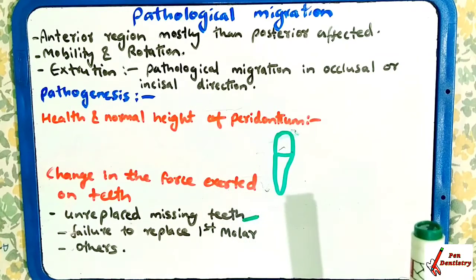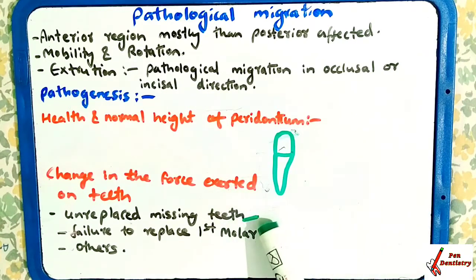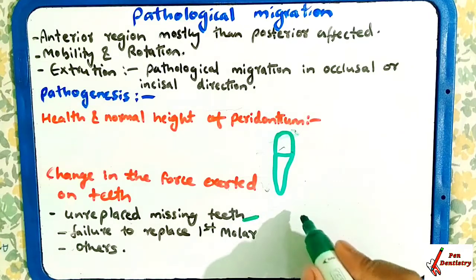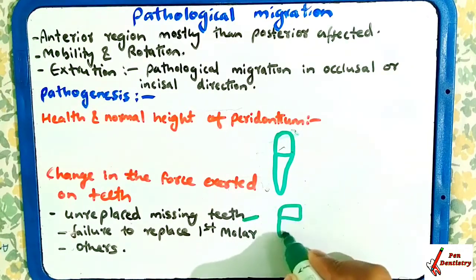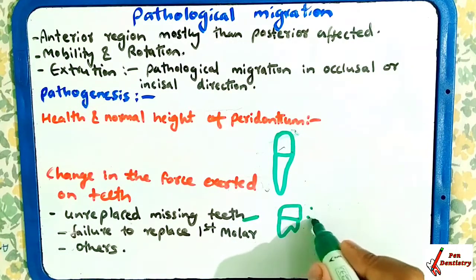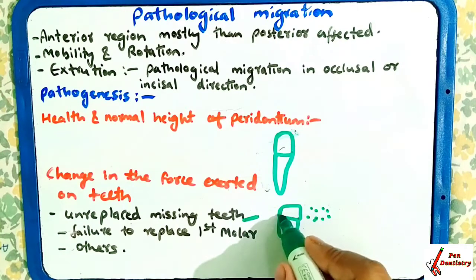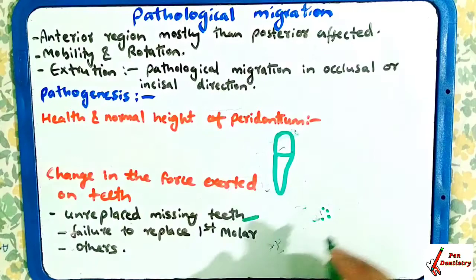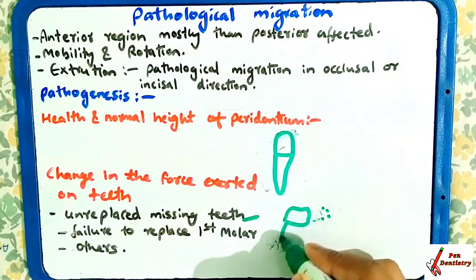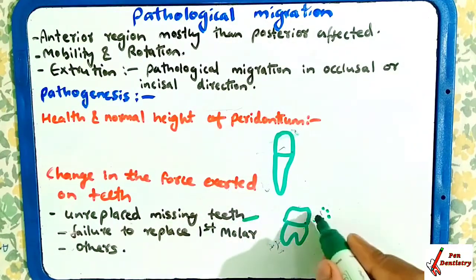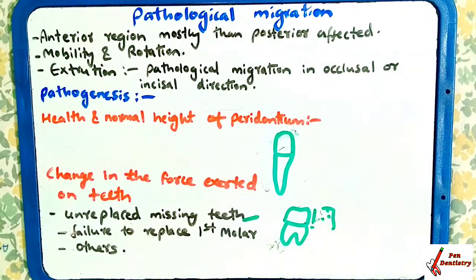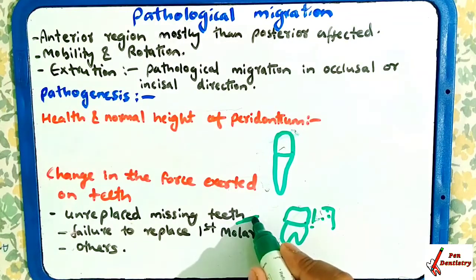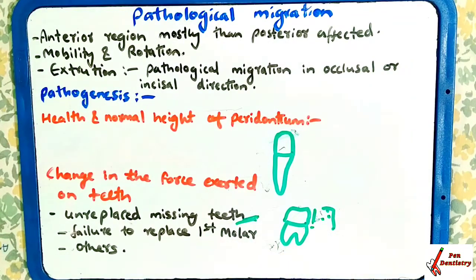Mainly it is due to the missing tooth. If there is a missing tooth here, this tooth will drift or tilt in this manner, into that space. So this is migration, but it is not taking place due to pathology. That's why it is known as unreplaceable missing teeth.